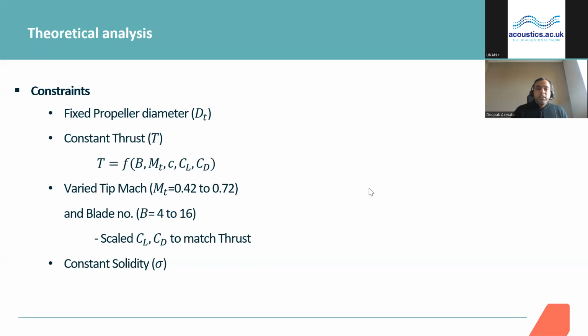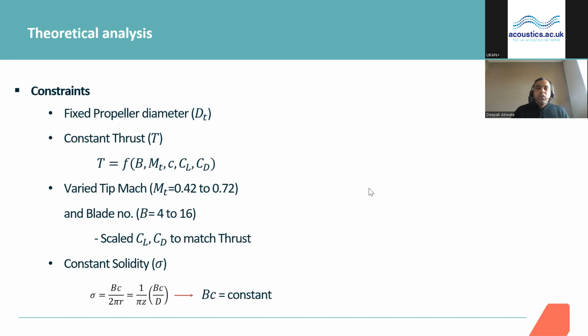Apart from that, we assume the blade solidity remains constant throughout our entire parametric study. So at a constant blade diameter, the condition of constant blade solidity leads to the product of blade number and chord being constant. That means when you increase the blade number, you have to reduce the chord accordingly to maintain the blade solidity.